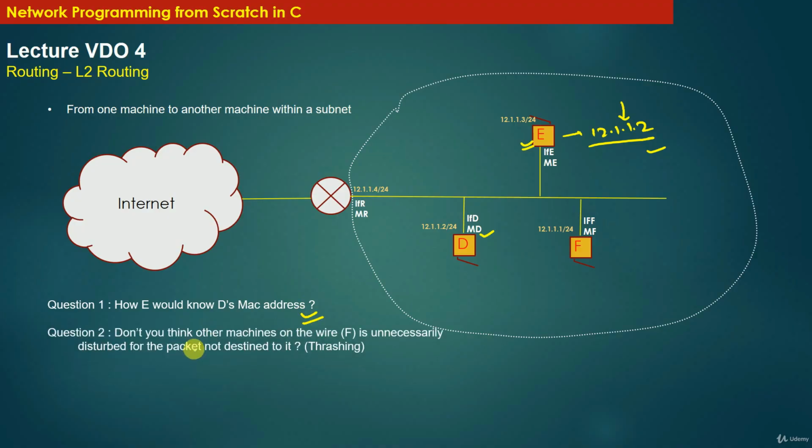The second question is, don't you think that other machines connected to the wire, in this example machine F, are unnecessarily disturbed by a packet not destined to them?